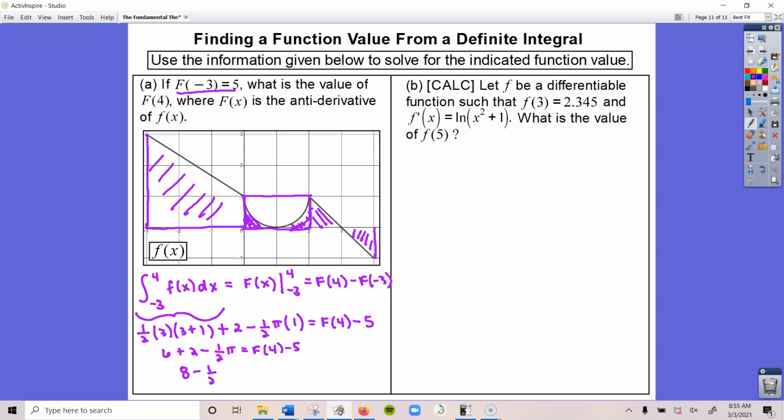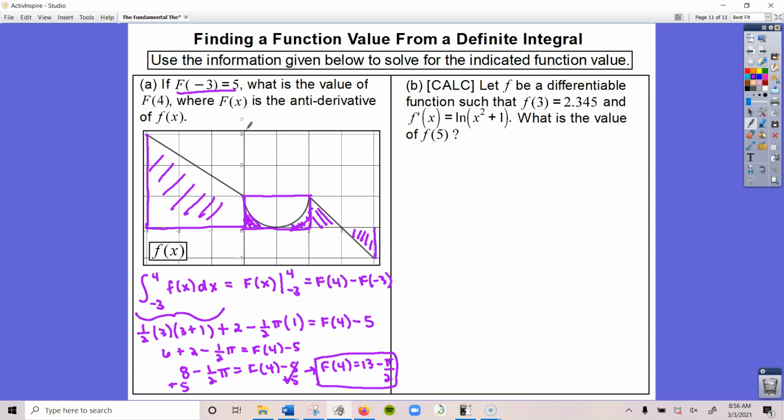Minus half of pi is equal to f of 4 minus 5. So in order to solve for f of 4, we would just add 5 to both sides. And that would give me that f of 4 is equal to 13 minus half of pi, which I'm just going to write as pi over 2. So that's how we would find a function value.